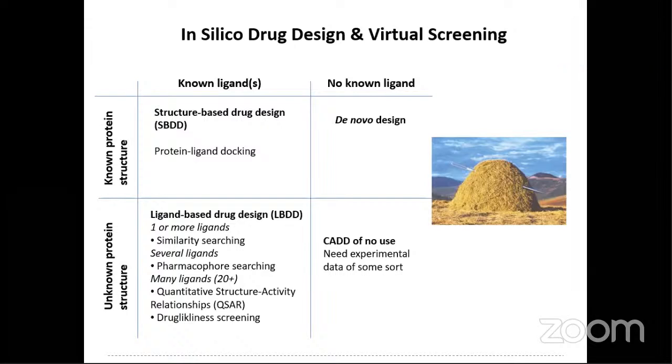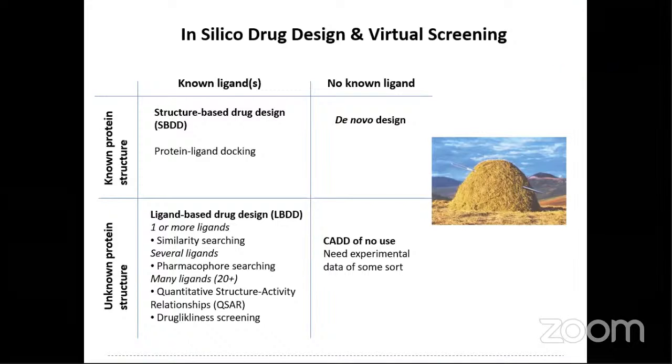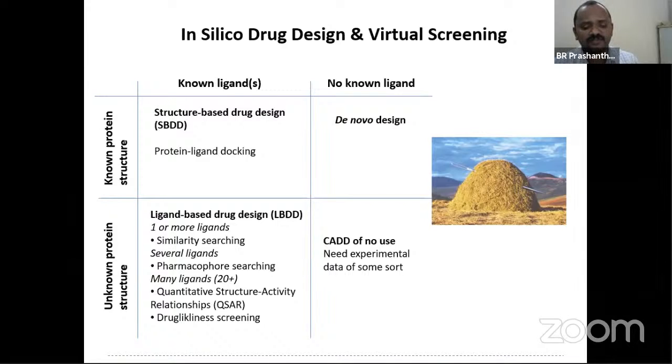In terms of ligands and protein structure, whether you know the protein structure or don't, and whether you know the ligand structure or don't. Based on that, there are four quadrants of computational drug design, so you must know these quadrants very clearly.